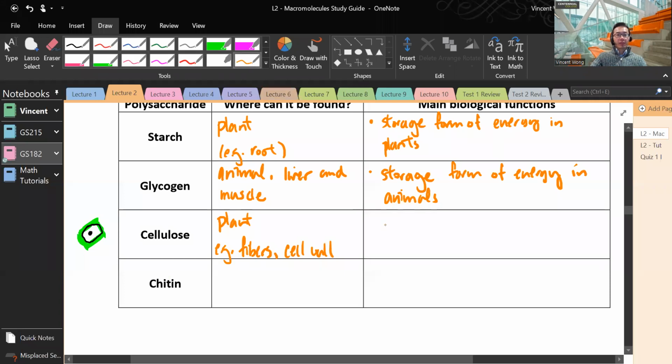So the function is to provide support, reinforce shape.